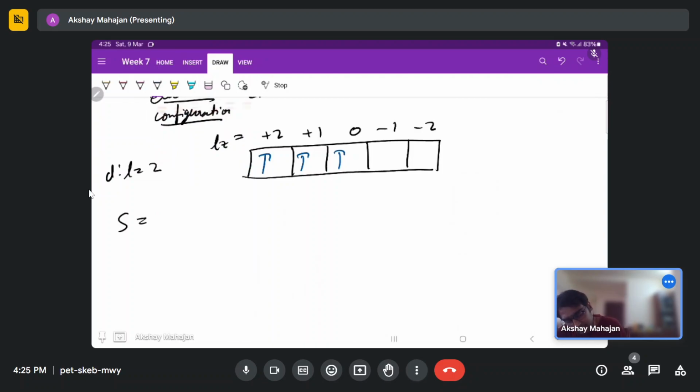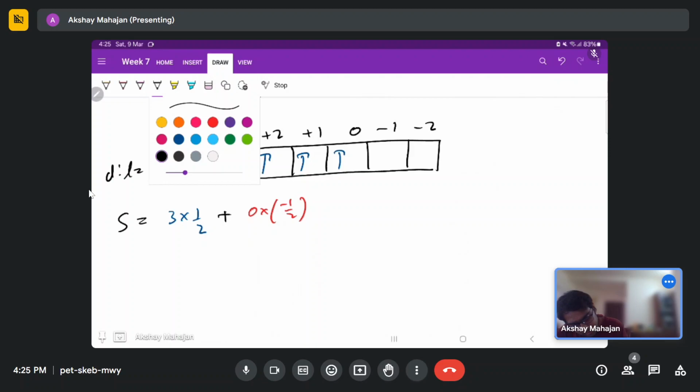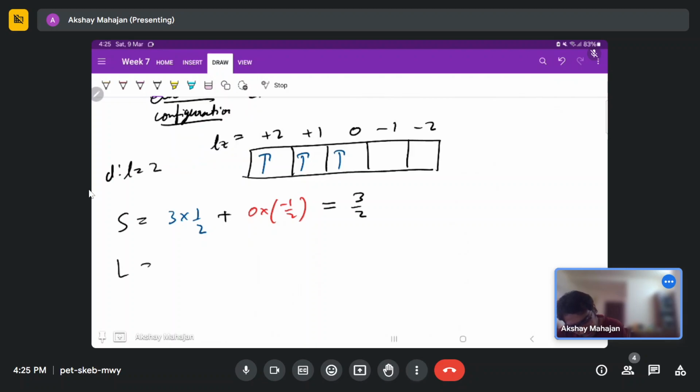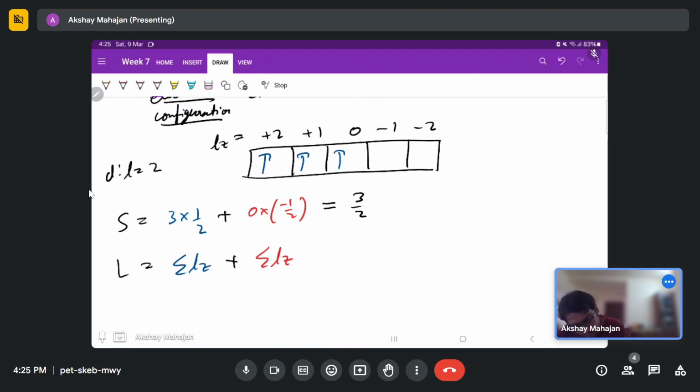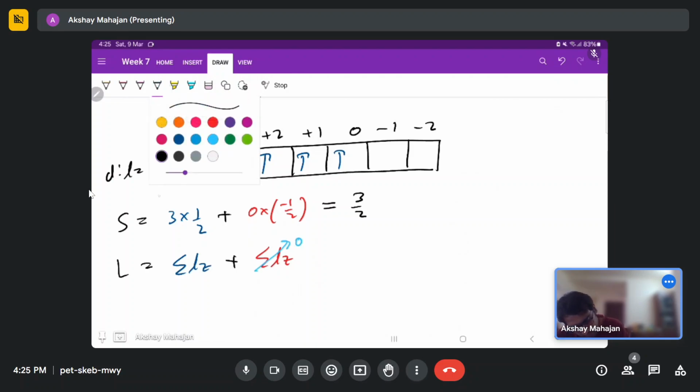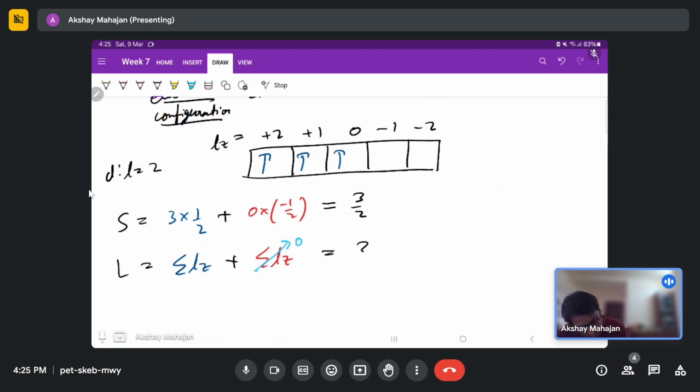So S is equals to 3 times half, okay, so we will get 3 by 2 again, and again L will be equals to 3.